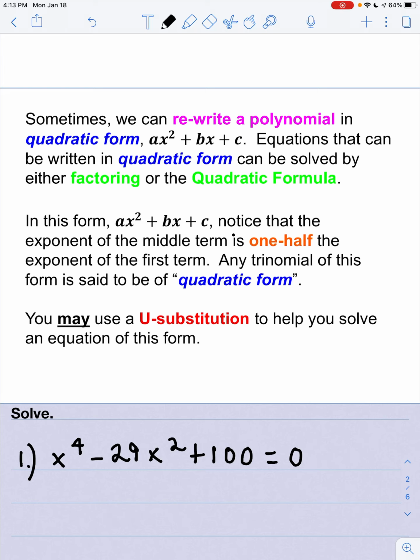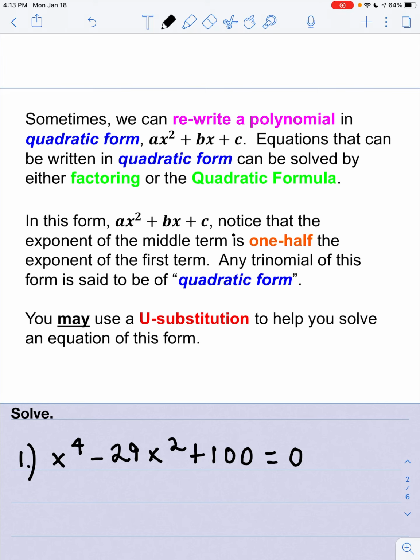of quadratic form. Quadratic form, of course, is ax squared plus bx plus c. And equations in that form can be solved by factoring or the quadratic formula.